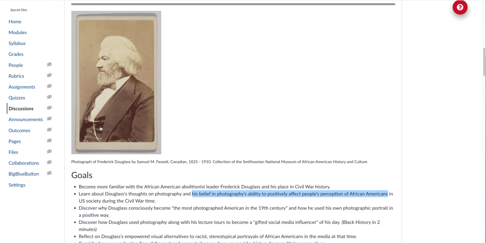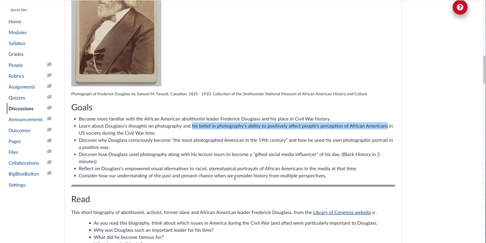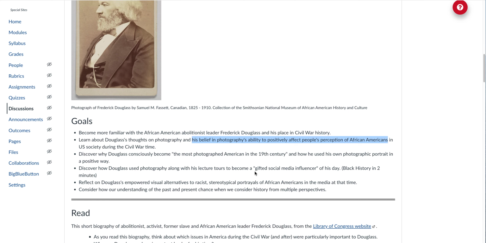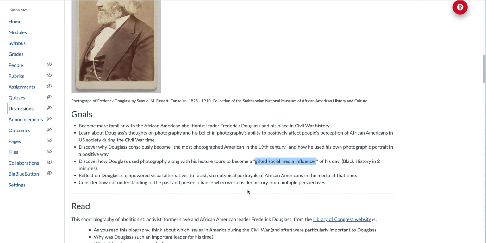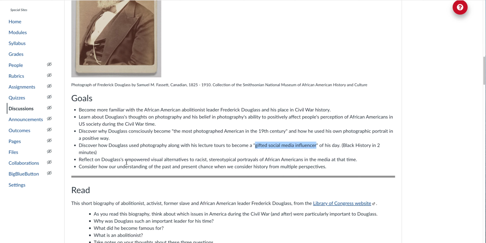And he also wrote biographies and then gave these speeches. So one of the videos calls him a gifted social media influencer of his day. And so you're going to think about why that is. And we're going to look at his empowered visual alternatives to racist, stereotypical portrayals of African Americans in the media at that time.